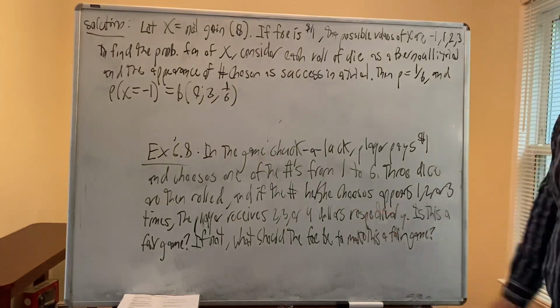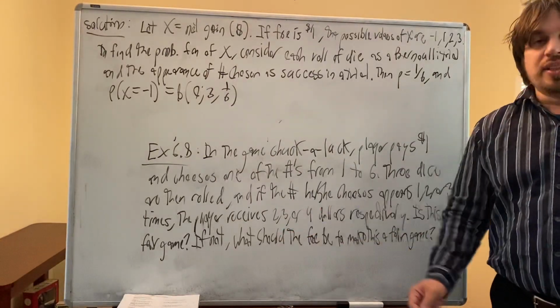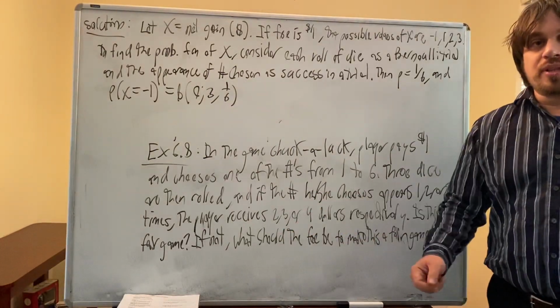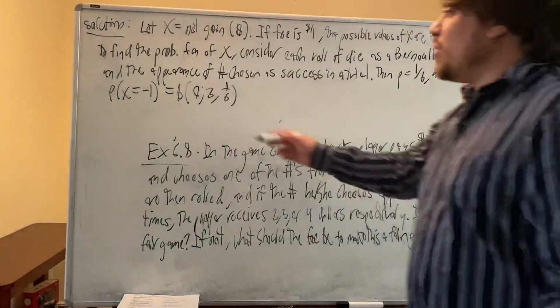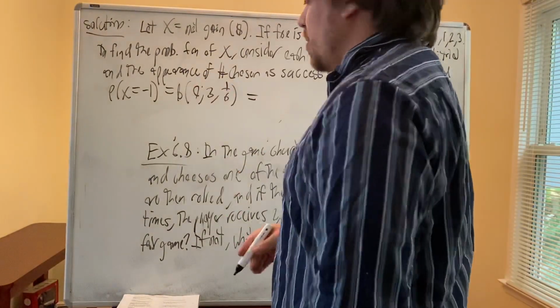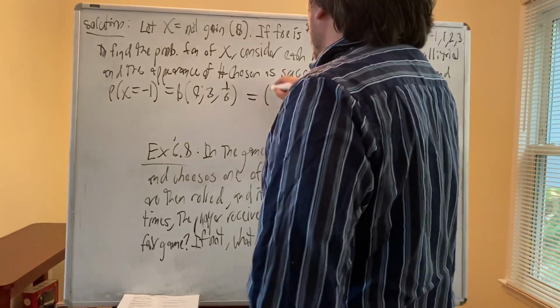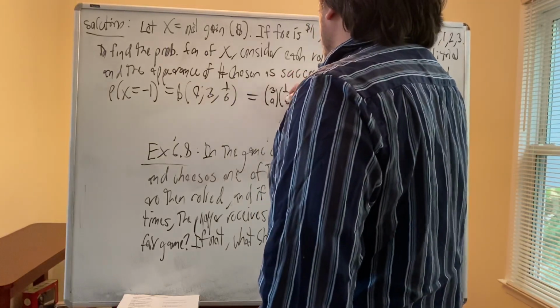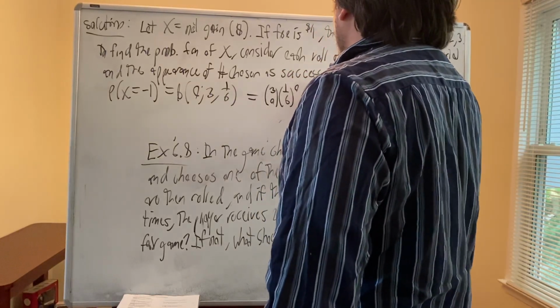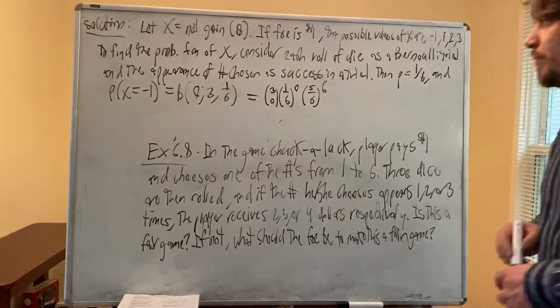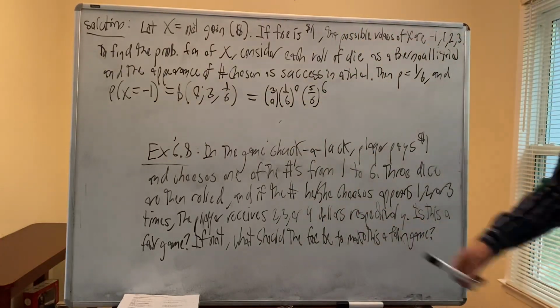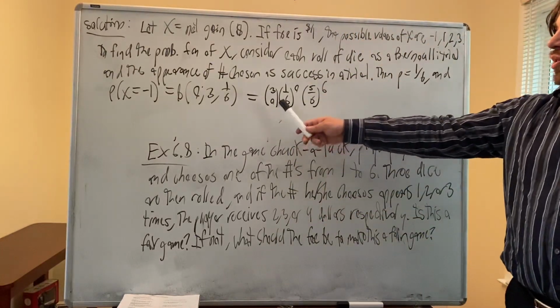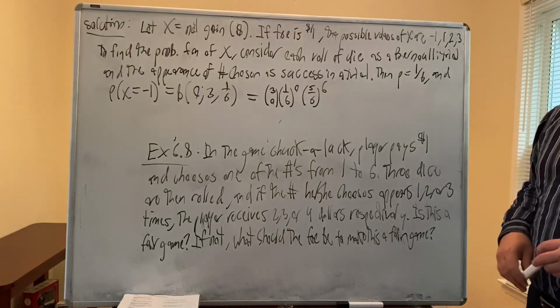So every time he rolls a die, there's a 1/6 chance that the number he chose is the number that appears on the die. And so you just calculate the value of the binomial probability function. And so that's 3 choose 0, 1/6 to the 0 power, 5/6 to the 6 power. Okay, so how many ways can you choose 0 out of 3 trials?